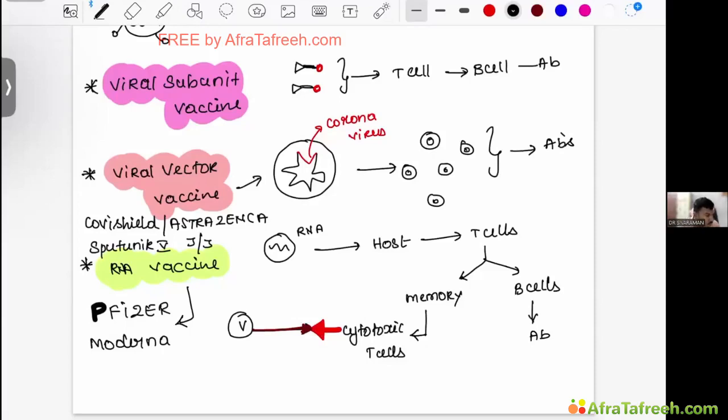More than 3.5. So this is very, very important. Whenever the patient is worsening, it means that the patient is having some altered features.